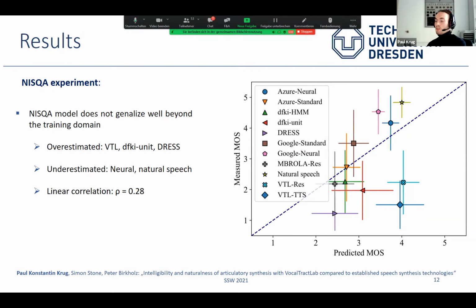Overall, the correlation between the predicted MOS scores and the measured MOS scores is not very high, unfortunately, because it would be very easy to use such systems as a replacement for sophisticated listening tests.